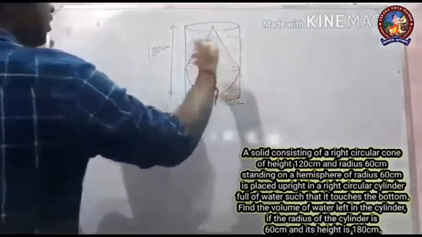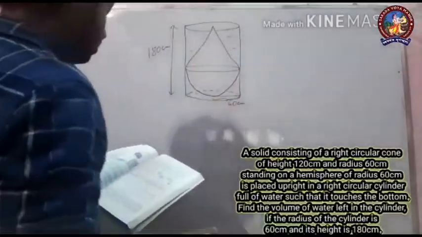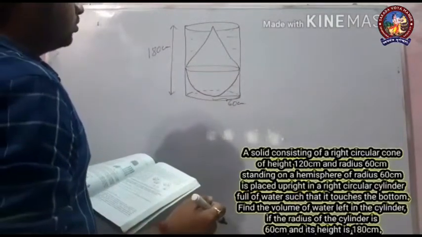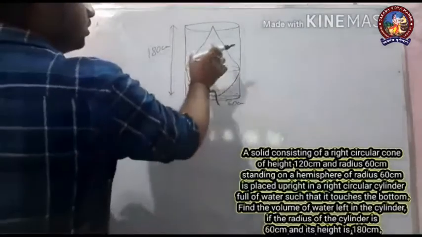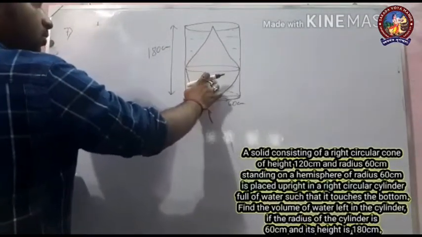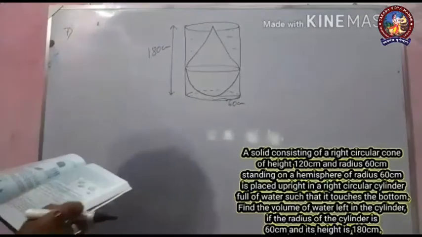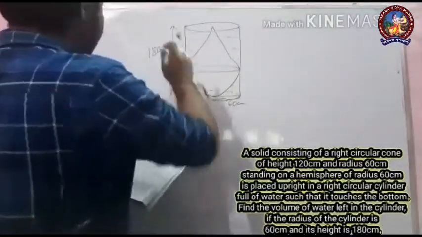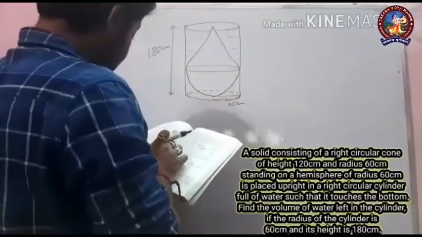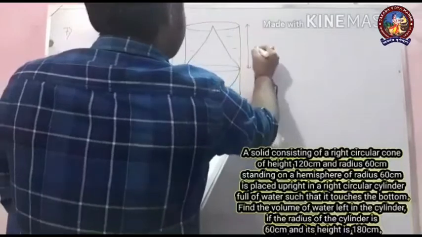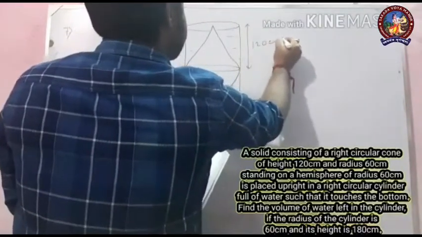Then the volume of the flowed out water will be equal to the volume of the cone plus the volume of the hemisphere, right? Here the total height is 180, and the height of the cone is given as 120 centimeter.